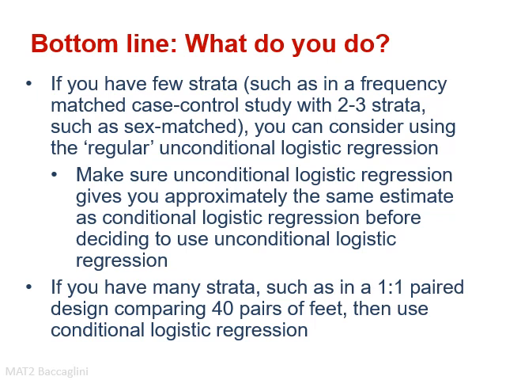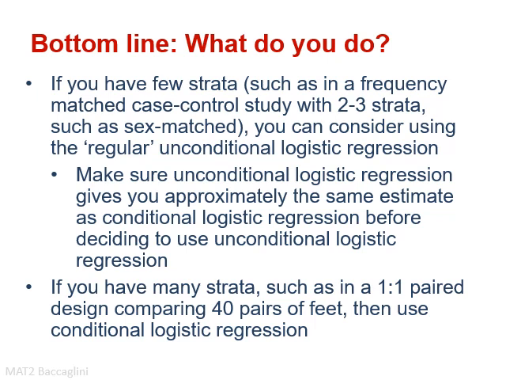So how do you choose between conditional and unconditional logistic regression? If you have few strata, such as in a frequency matched case control study with maybe 2 or 3 strata, then you can consider using the unconditional logistic regression. I would recommend that you always check and run both before you decide on using the unconditional logistic regression, to make sure that your estimate is not too different from the conditional logistic regression.